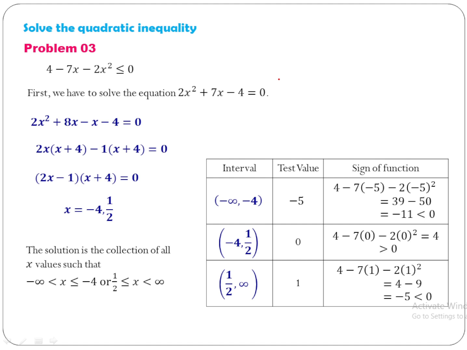If it satisfies the given sign, then it is a solution. If it does not satisfy it, it is not included in the solution set. Suppose the equal symbol is present in the inequality sign, we have to include the border values. This is what we have to follow.